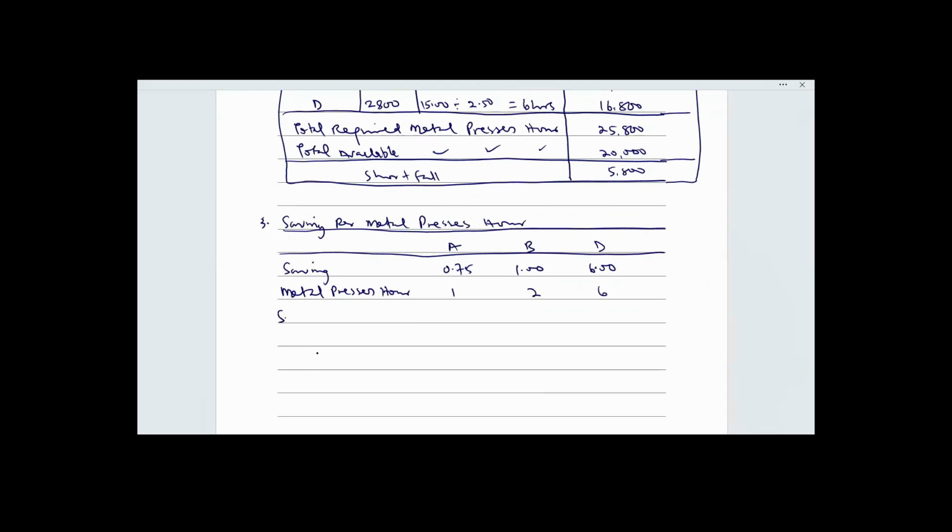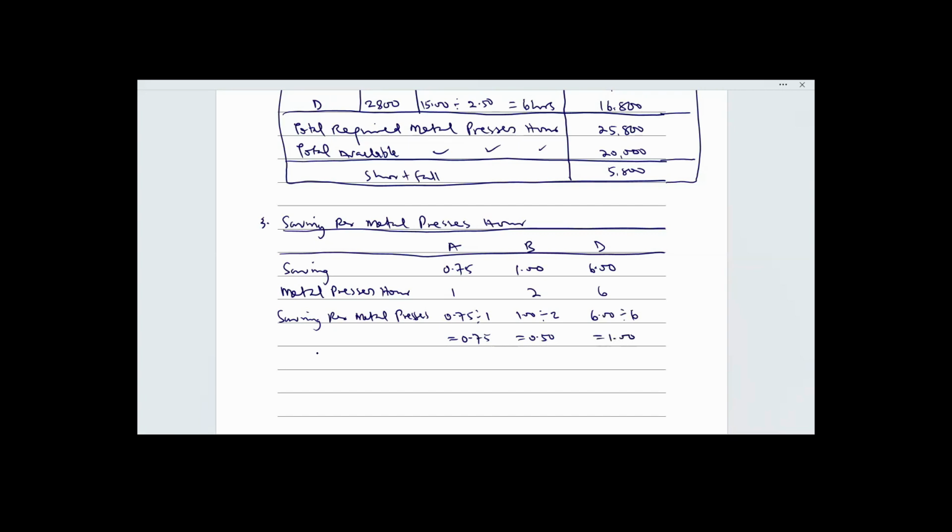So we need to determine savings per metal presses hour. Therefore, 0.75 divided by 1 equals 0.75. 1 divided by 2 equals 0.50. 6 divided by 6 equals 1.